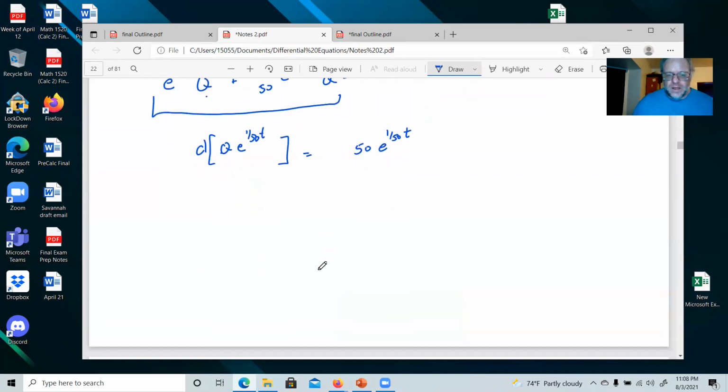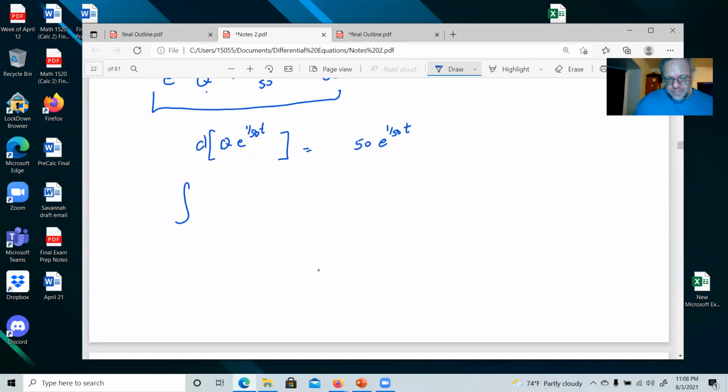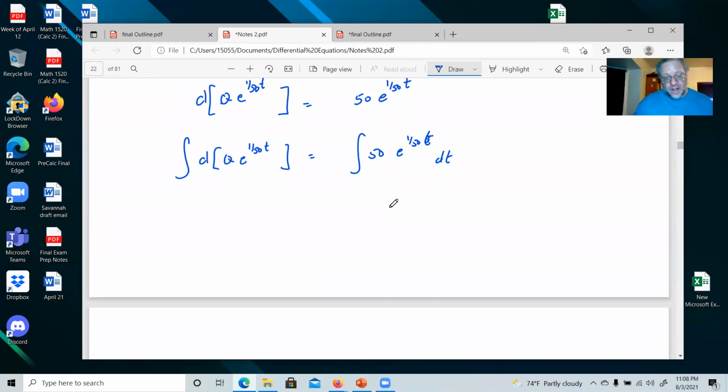So we're going to integrate both sides here, with respect to t. It's an indefinite integral, so we're going to need a constant. This is the integral of a derivative, so boom, there we go.